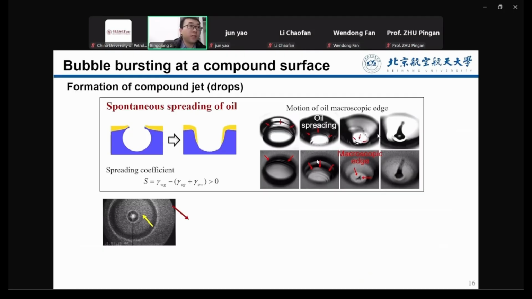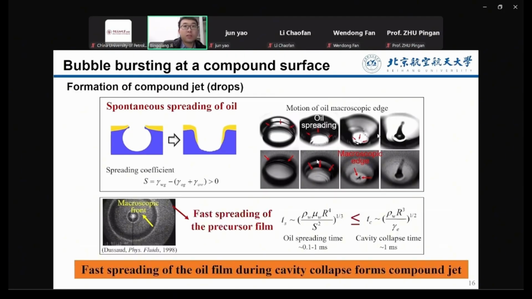In front of the macroscopic edge here, actually there exists a precursor film with a thickness of about several nanometers. So you cannot observe it with a camera, but you can evaluate the spread time of this precursor wave. You can find that it is much smaller than the cavity collapse time.